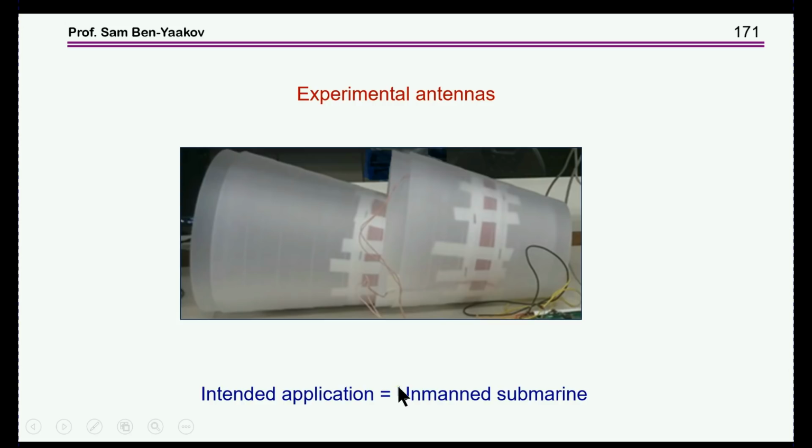This project is for an unmanned submarine, not for war. And this is an area that is now expanding a lot, for unmanned submarines for many things: environmental, cleaning, observations, inspection, many things.